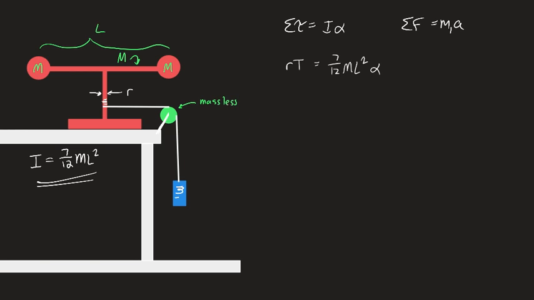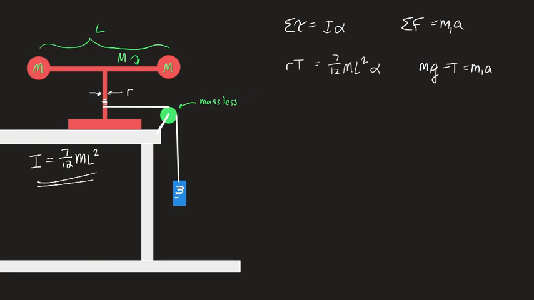Now that has to corroborate with what happens to the mass. Right? The mass is creating the tension in the cable. It's a combination of the mass and the inertia of the bar. So what's happening to the mass? Well, gravity's pulling down, tension's pulling up, and that has to equal MA for the mass. Anything new here from yesterday? Because I'm thinking not a bit.